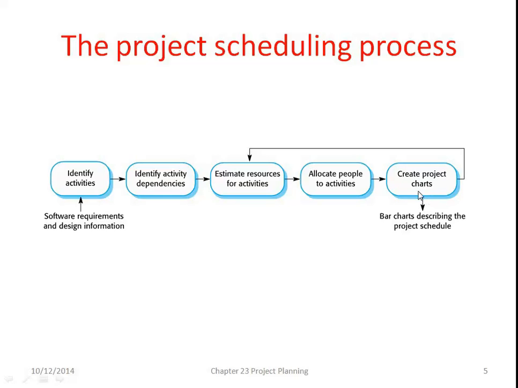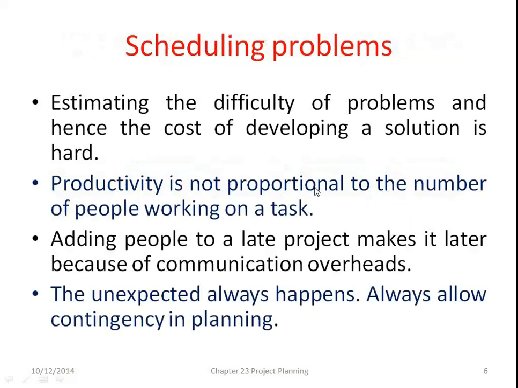It may be a bar chart describing the project schedule. If it is not completed, then go back to estimate the project resources for activities, allocate the people to activities, create the project chart, and so on. This process is called the project scheduling process.